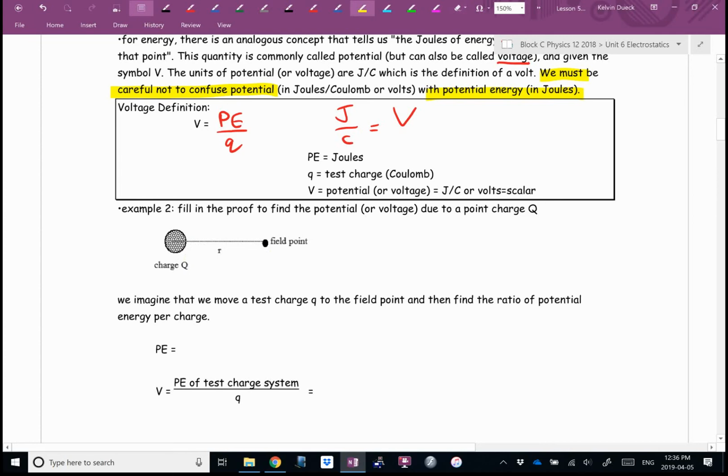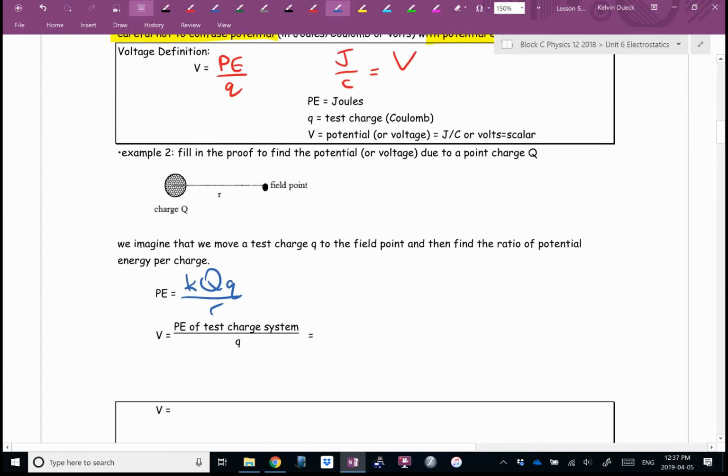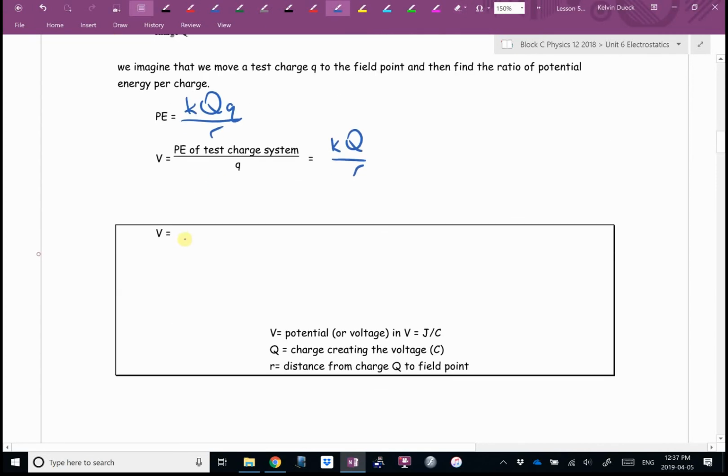How can I calculate it? Well, first of all, potential energy was K, big Q, little q over R from last day. And since voltage is defined as the potential energy per charge at that location, all that's going to happen is the little q is going to cancel. You'll get this. Voltage in the box here is K big Q over R.